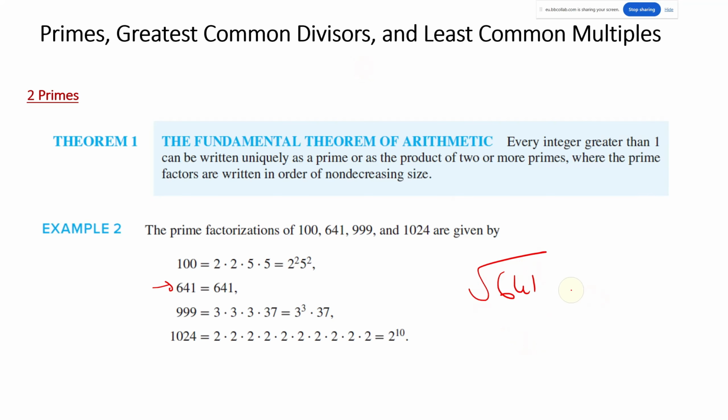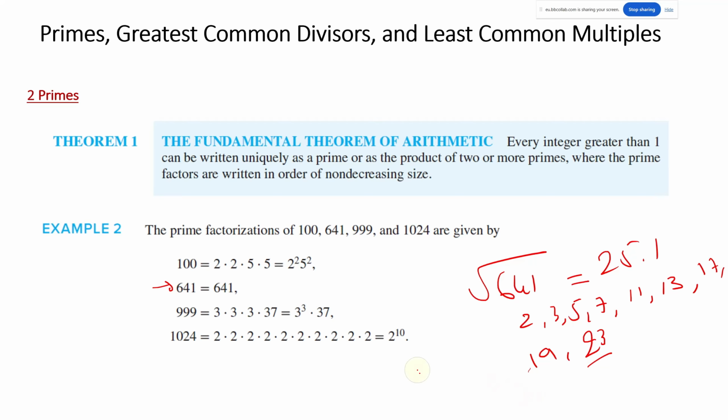So all I have to do is try to divide by 2, 3, 5, 7, 11, 13, 17, 19, and 23. The others, like 24 divided by 2 and 25 divided by 5, are not needed.